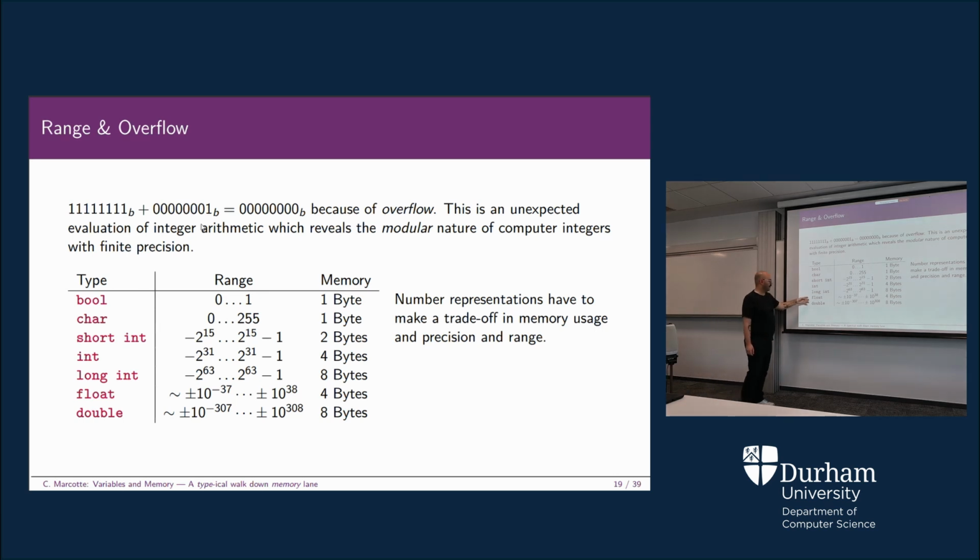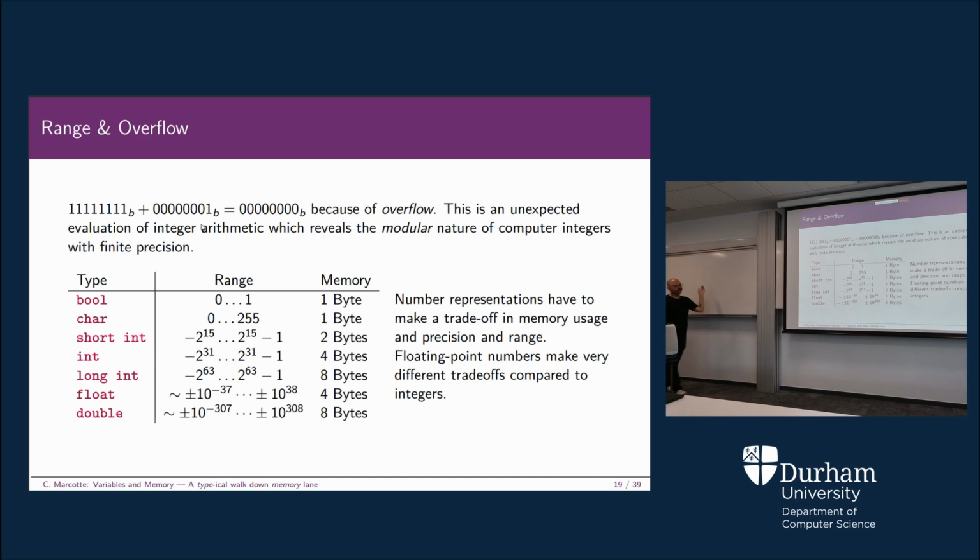We'll talk a bit about how float and double are represented in memory, because it's a bit different compared to integers. Yes, so all of these number representations have to make a trade-off in terms of memory usage and their precision or range, how reliable their results are in the middle versus toward the edges of their range. And floating point numbers make very different trade-offs compared to integers, as you might imagine.